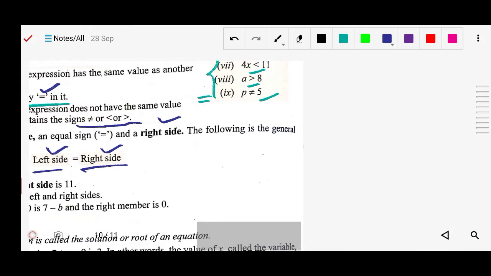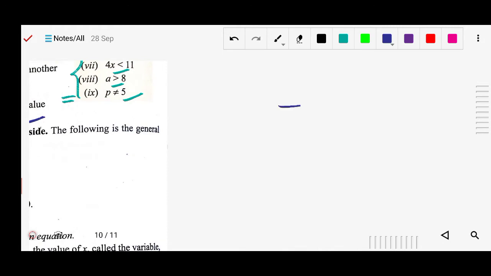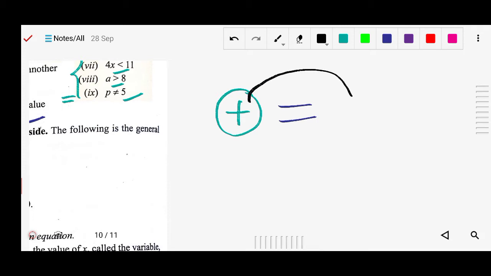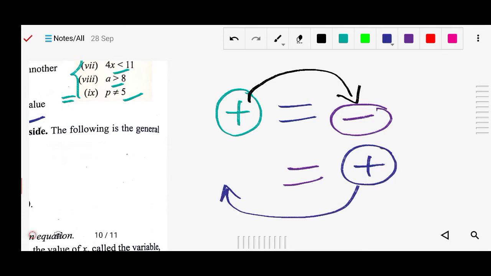One more thing I want to add: if you move a term, like plus 4 or plus x, whatever number or quantity is given, from one side to the opposite side, its sign will change. This plus will become minus. Similarly, if a term is moved from right to left, its sign will change, and plus will become minus.